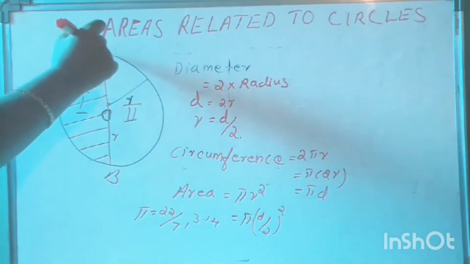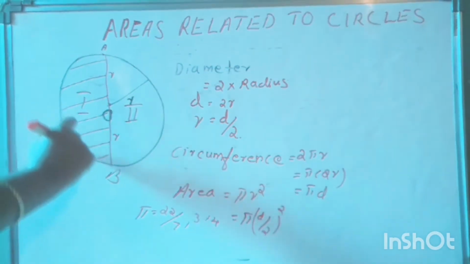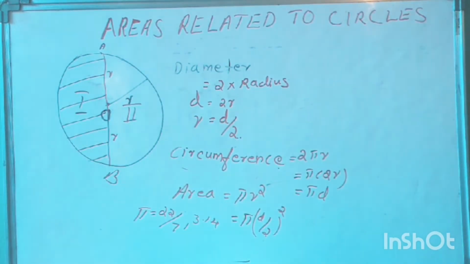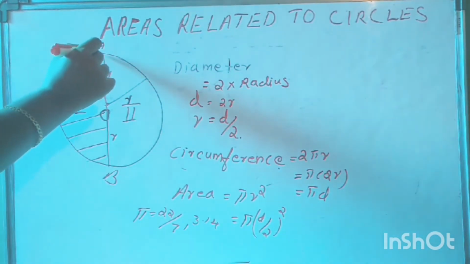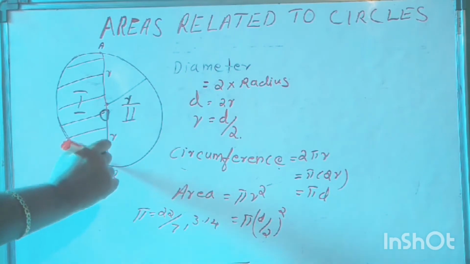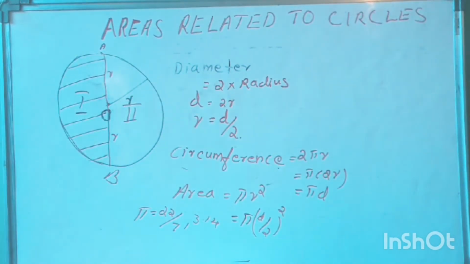Then this portion is actually half of the perimeter of the circle. We know that the total perimeter is equal to 2 pi r. Then this black portion from A to B is half of the circumference of the circle.